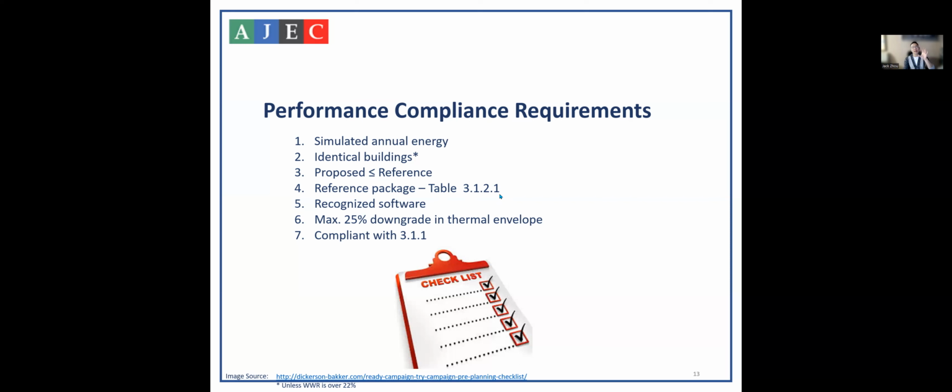So again, if you're building in zone 1, which is what this table refers to, zone 1 is less than 5,000 heating degree days. Zone 2 is 5,000 or more, right?